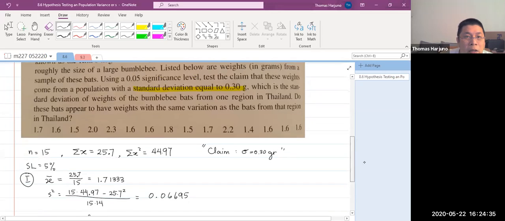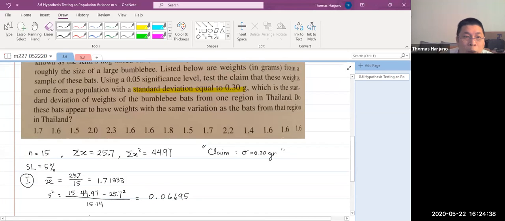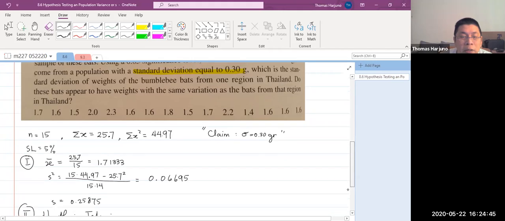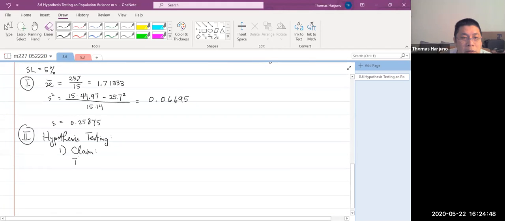The claim is these weights come from a population with a standard deviation equal to 0.30 grams.